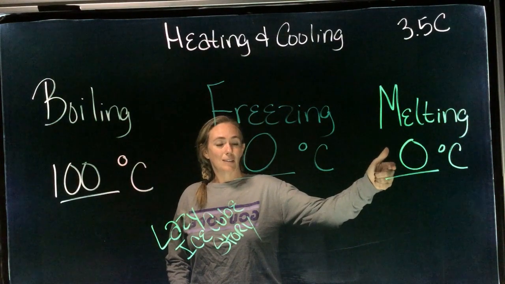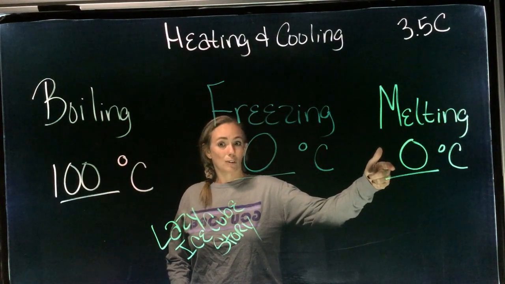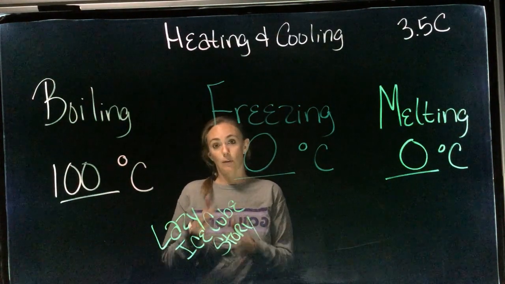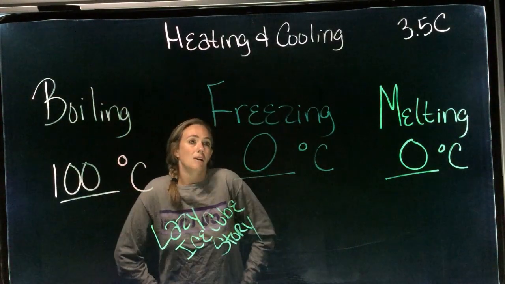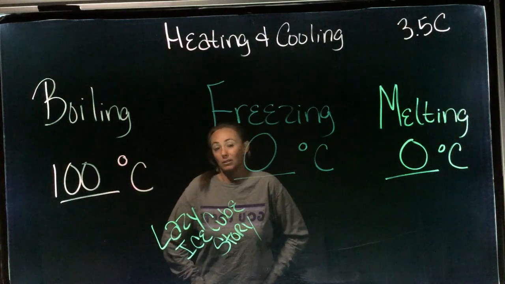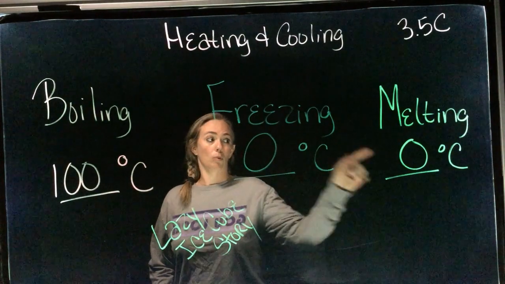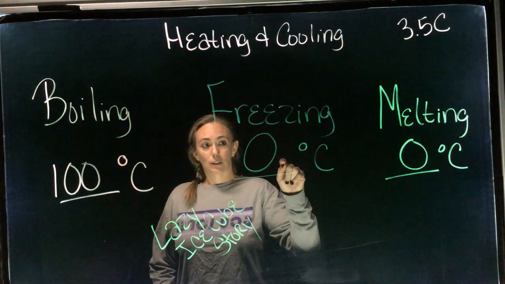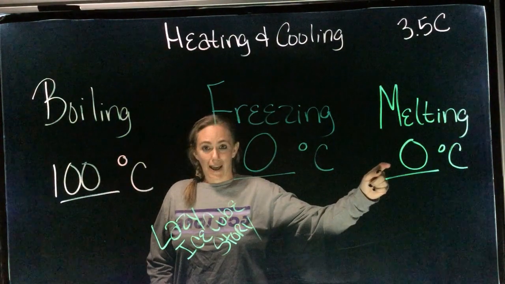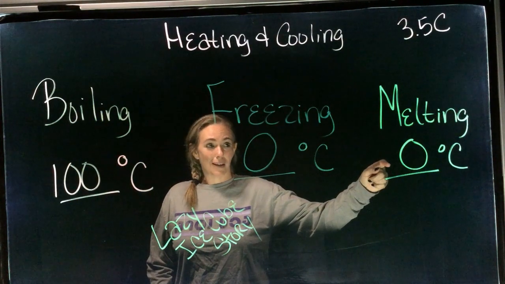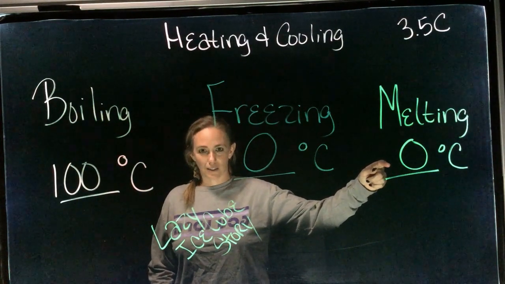And once it hits 0 degrees Celsius, and it's no longer in a cold place, it's now in a warmer place, then it starts melting. So those two numbers are actually the same because they're the starting points. Water starts to freeze when it hits 0 degrees Celsius. When that ice warms up enough that it finally hits 0 degrees Celsius, then it starts to melt.